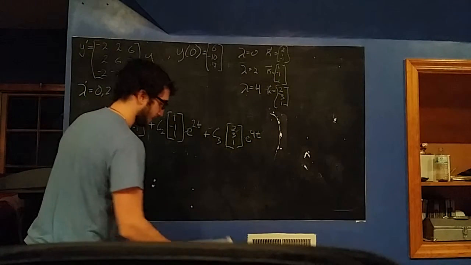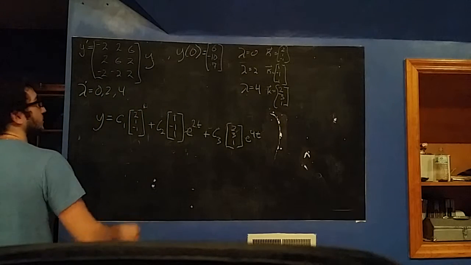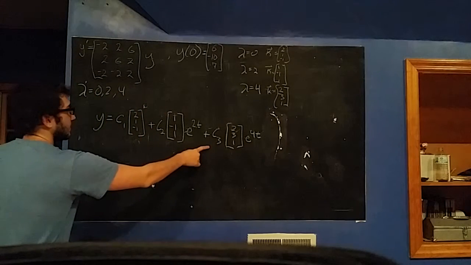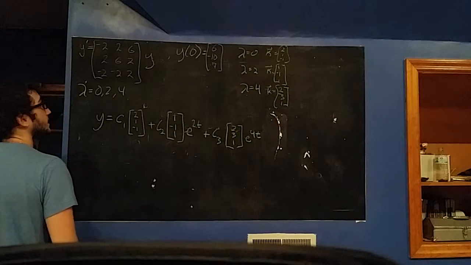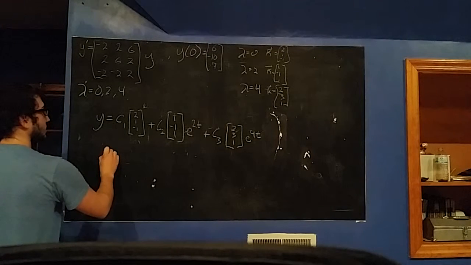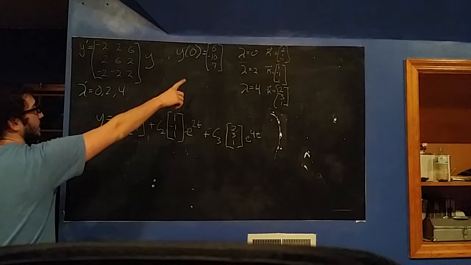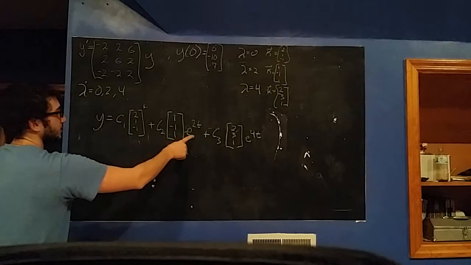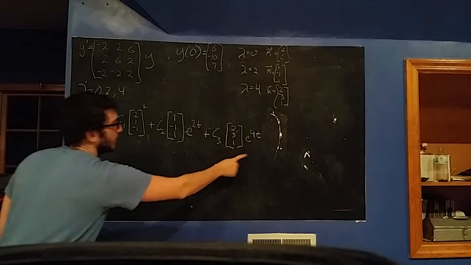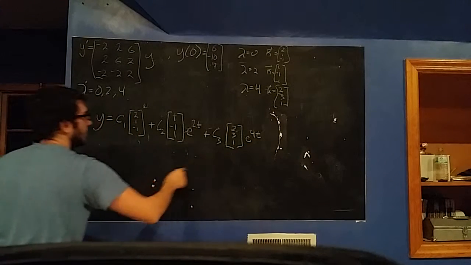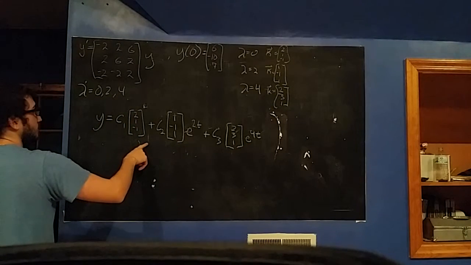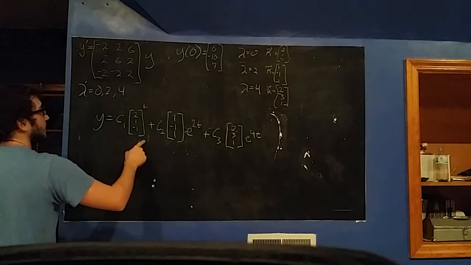And so after that, we need to find out what these c values are. What I did was I said y of 0 is going to be 6, negative 10, and 7. So when I plug 0 in for t, I'm just going to get 1 for each exponential. And I could do essentially the same thing we did to find k.